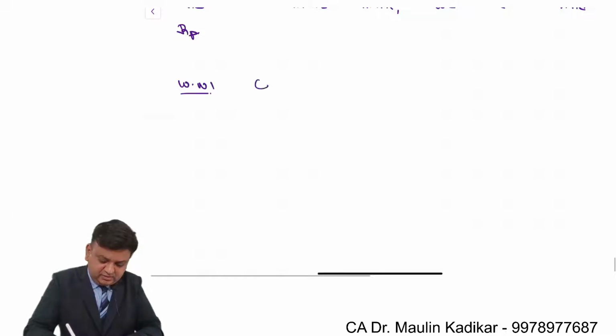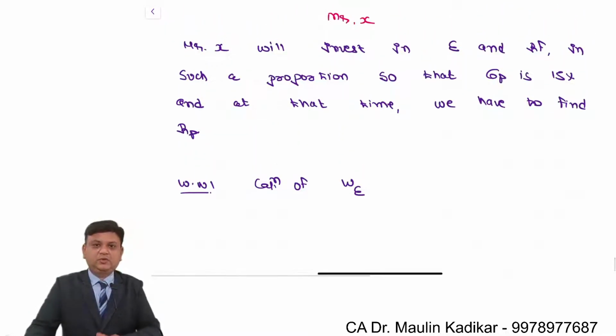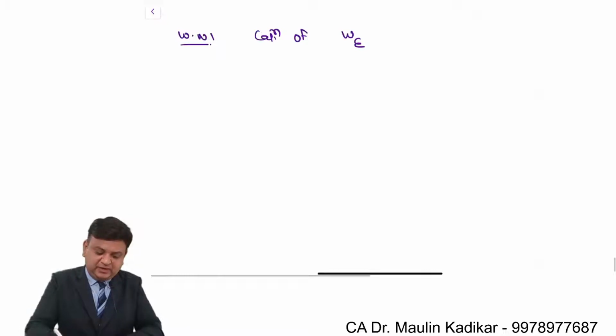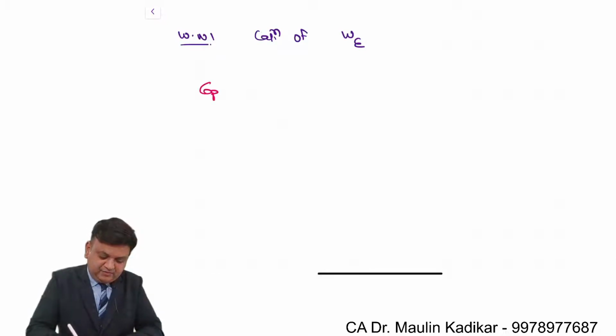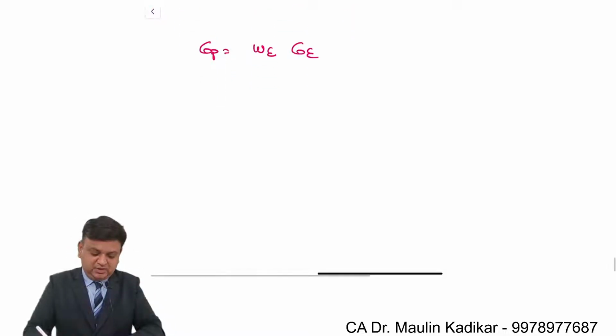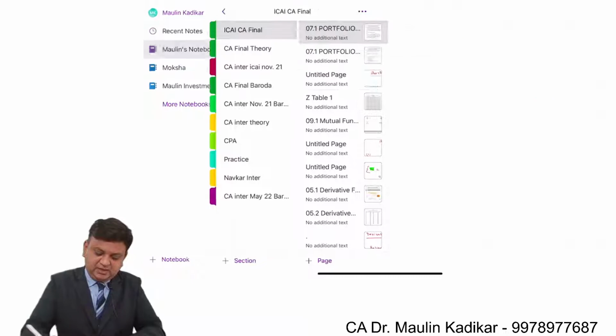Working note number 1. Calculation of weight of E so that the sigma p is 15%. Now friends, we understand it is very simple to calculate. We know that sigma p is equal to WE into sigma E. Why? Investment is made in two securities and one of them is RF. Standard deviation of the portfolio is 15%. Weight of E into sigma E. What is sigma E?